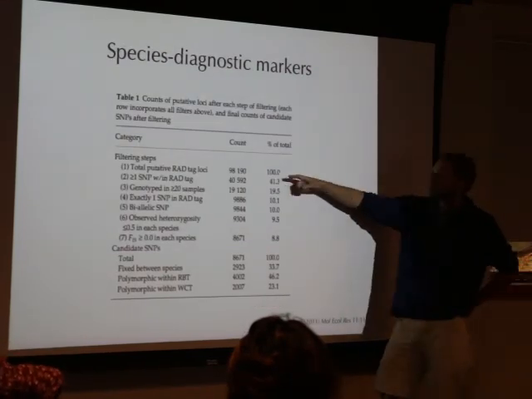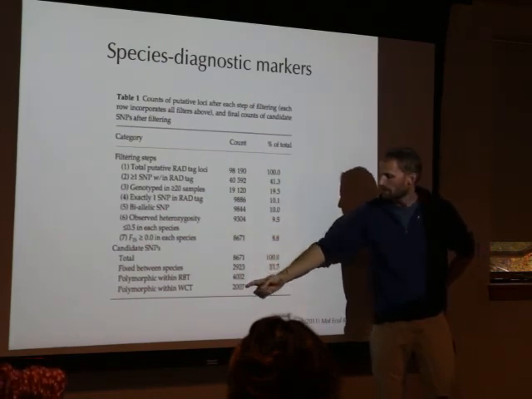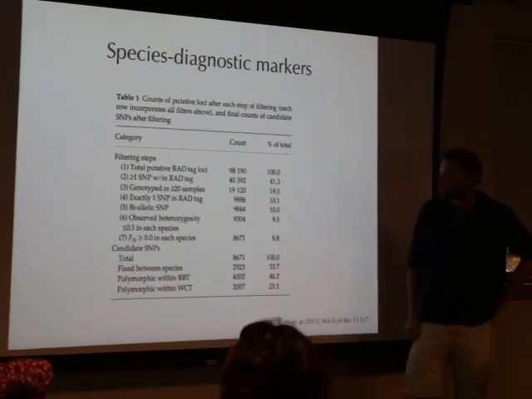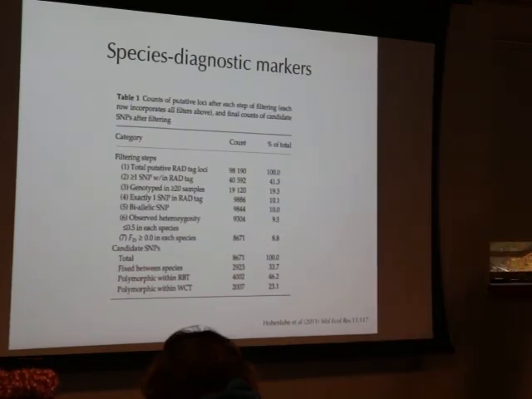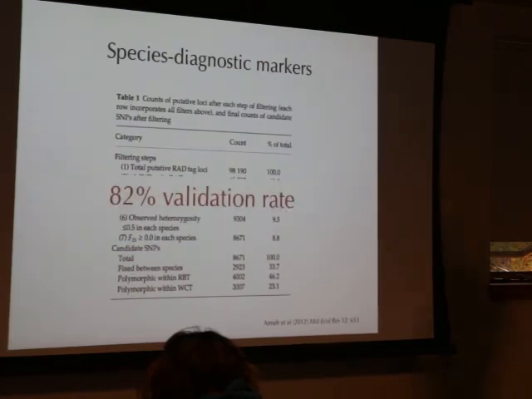One thing you can see, looking at these numbers from the top to the bottom, is that we did a lot of heavy filtering to get down to a set of markers that looked diagnostic and well-behaved in all the ways we wanted. And then apparently something worked, because we had a high validation rate for that initial set of markers.